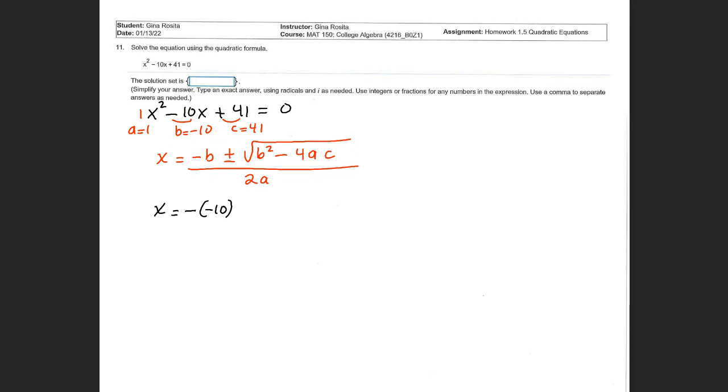Small thing but big mistake. Just use the parentheses because b is a negative number. So negative times negative 10 plus or minus the square root of negative 10 squared minus 4 times 1 times 41, over 2 times 1.